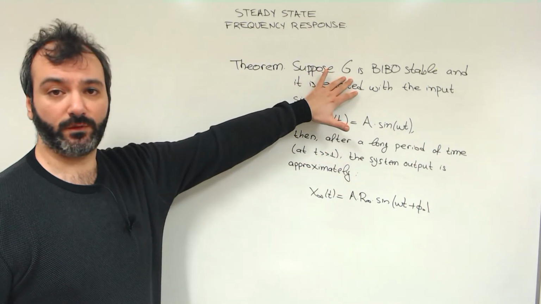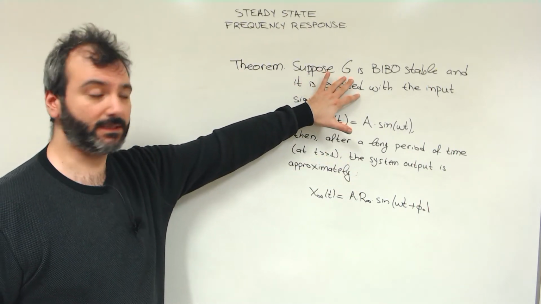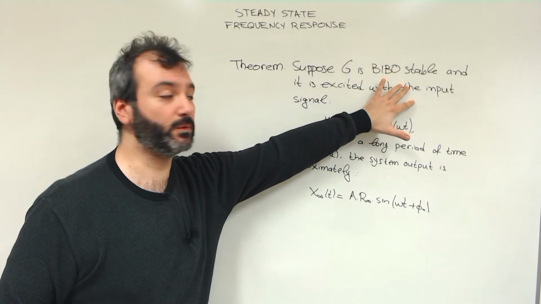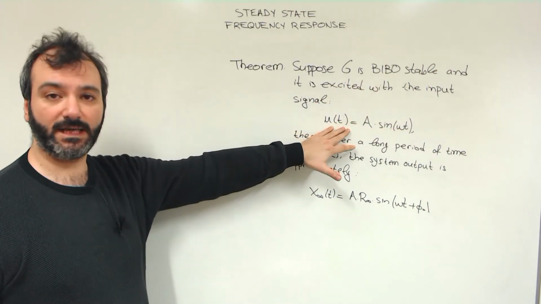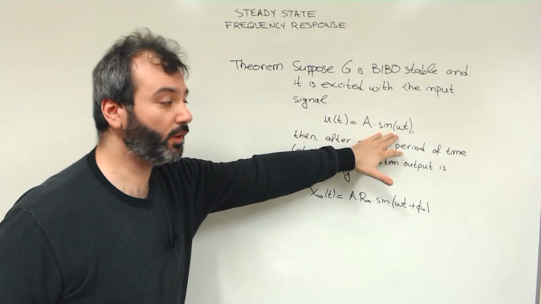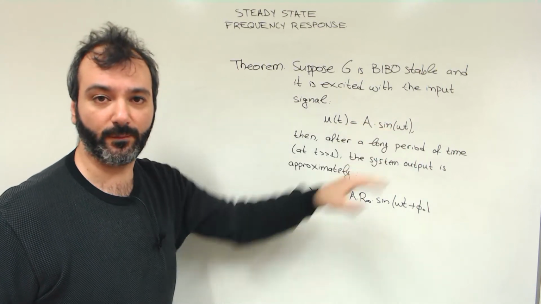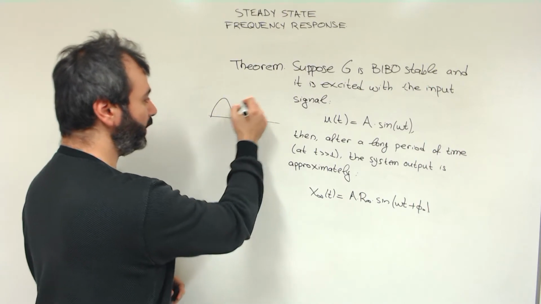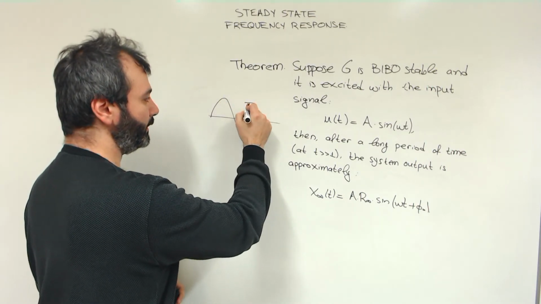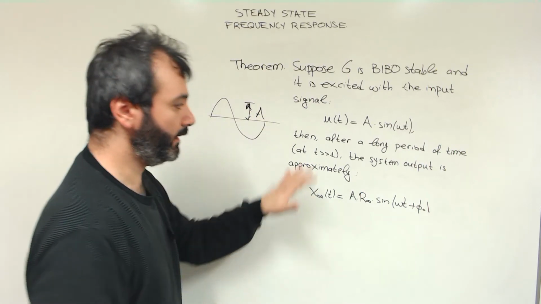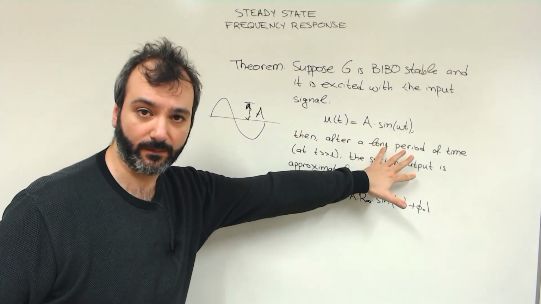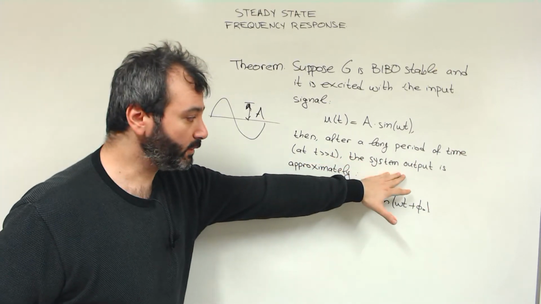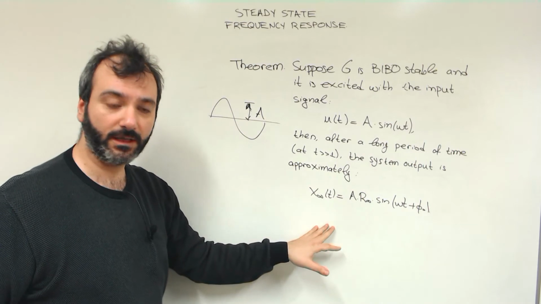If we know the transfer function of a linear dynamical system, and we know that it is stable in the bounded input, bounded output sense, and the system is excited with a sinusoidal input of the form a times sine of omega t, which is nothing but a sinusoidal signal of amplitude a, then after a long period of time, at t much larger than 1, the system output can be approximated by the following expression.